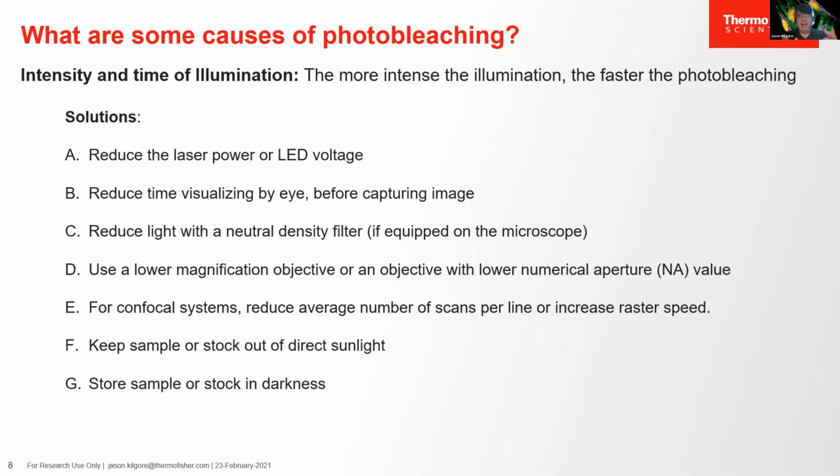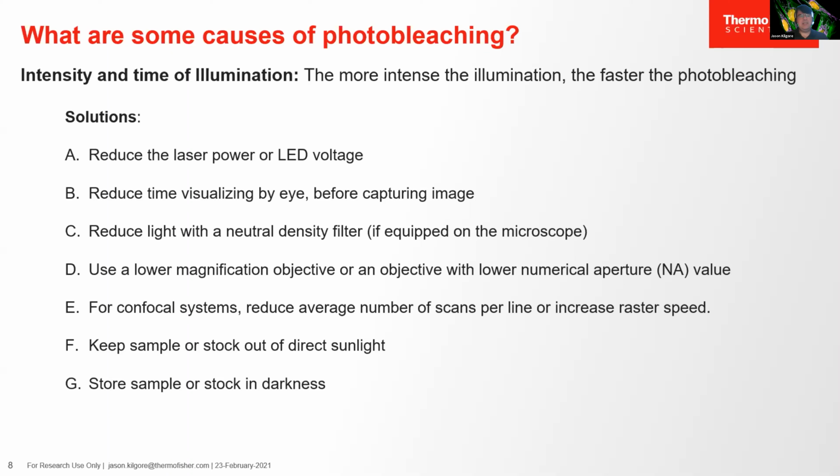Or if you happen to have multiple objectives of that magnification, choose one with a lower numerical aperture to lower the light. Of course, the lower numerical aperture also means that you're collecting less light from your sample and therefore maybe less resolution of your specimen. So that's a trade-off as well.